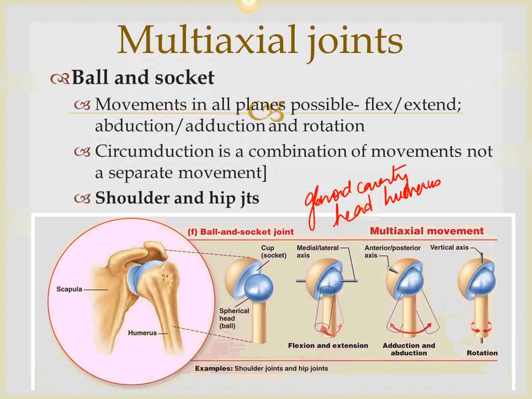So that's why the shoulder is often also known as the glenohumeral joint, because of the glenoid cavity of the scapula and the head of the humerus. So that's the shoulder joint.